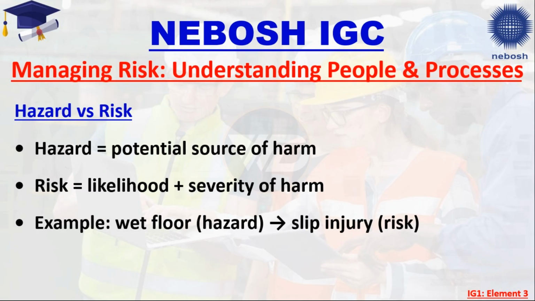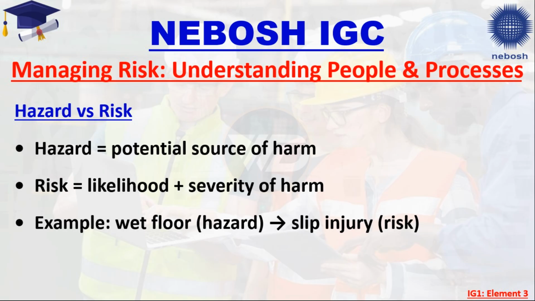3. Hazard versus risk. A hazard is anything with the potential to cause harm. This could be a physical object, a substance, a condition, or even a way of working. A risk is the combination of the likelihood that harm will occur and the severity of the consequences if it does. For example, a wet floor is the hazard.